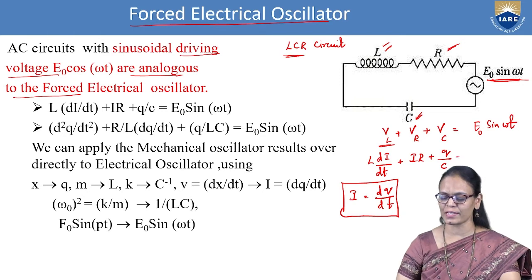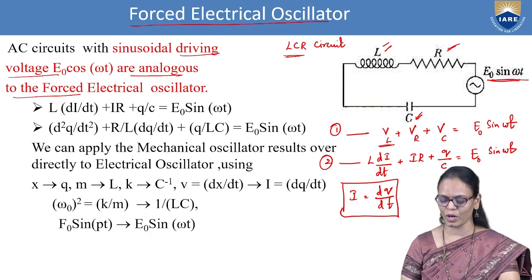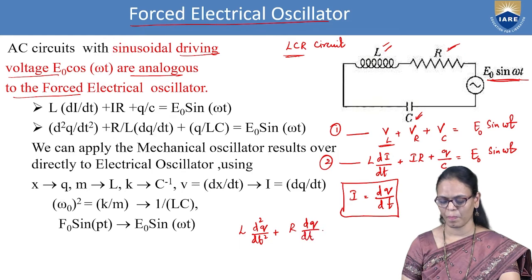So let us take this equation. I'll consider this as equation 1, and this as equation 2. In equation 2, we substitute for I. What we get here is L into d square q by dt square plus R into dq by dt plus q by C is equal to E naught sine omega t.